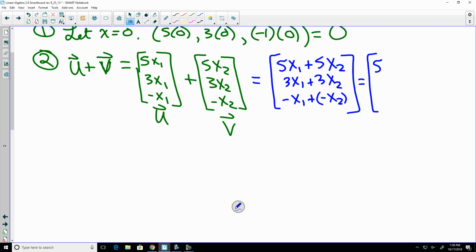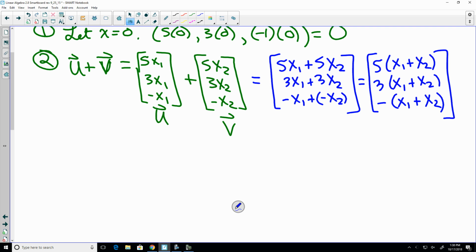So let's factor out the constants. Do you agree with that? So this is 5 times a number. This is 3 times that same number. This is the negative of that same number.